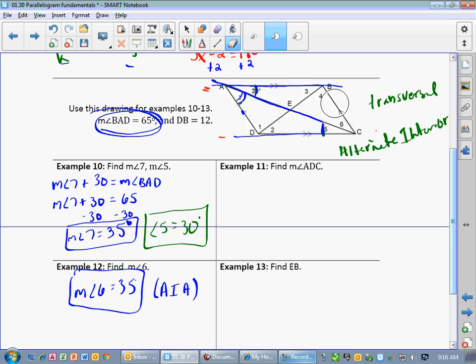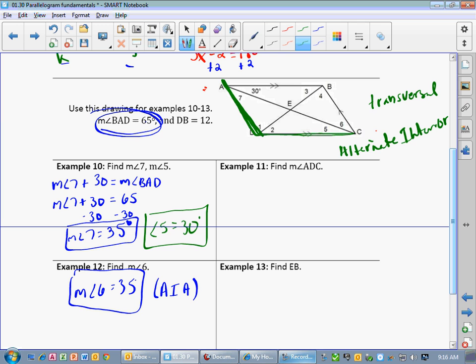Okay, next it's asking for the measure of angle ADC. So ADC, that's this big angle down here. So we're looking for this angle. Do we know any other angles that are related in any way to this angle? BAD, how is BAD related to ADC? Why are they supplementary?